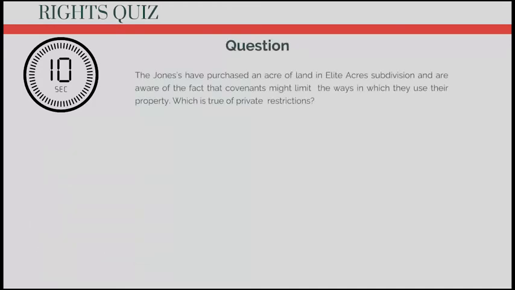The Joneses have purchased an acre of land in Elite Acre subdivision and are aware of the fact that covenants might limit the ways in which they use their property, which is true of private restrictions.